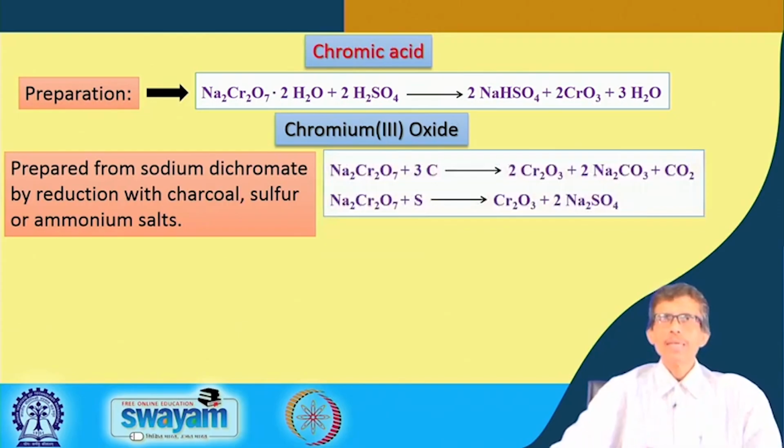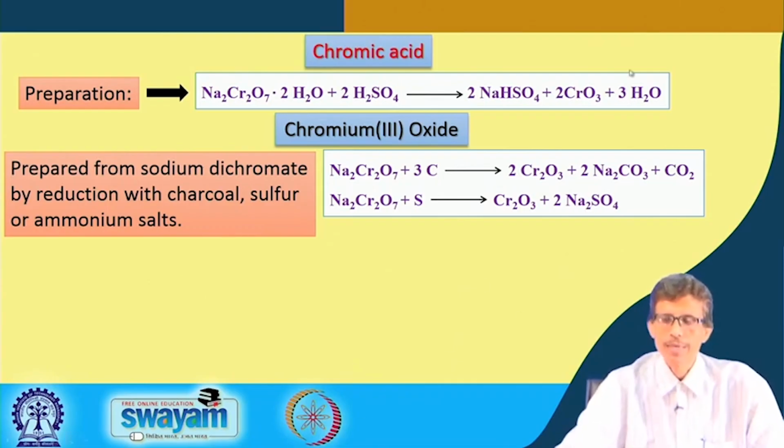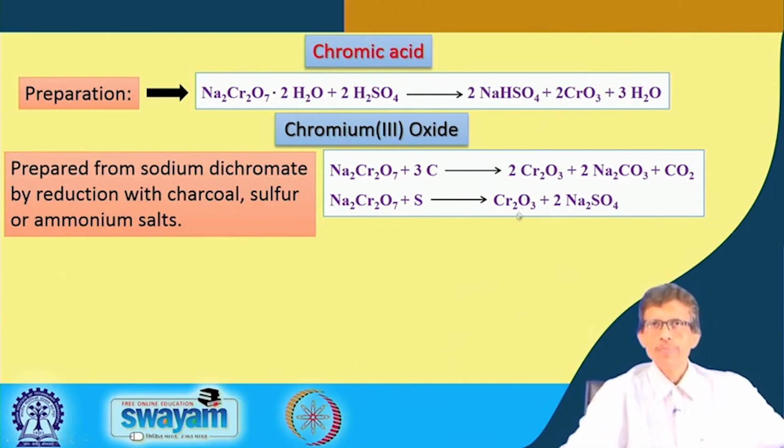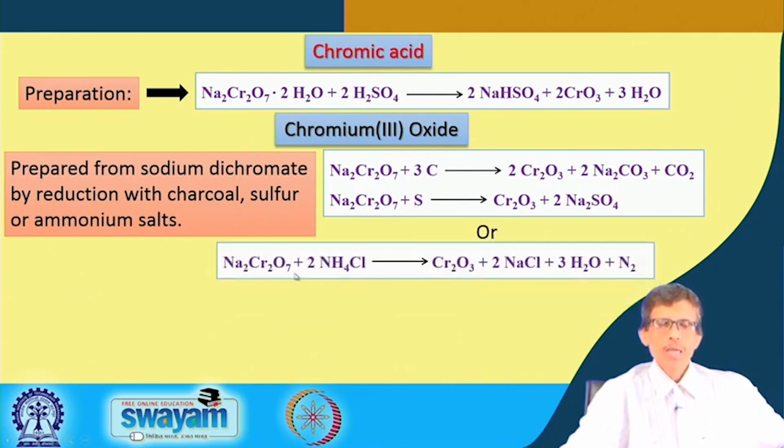So, you have the dichromate directly, and when the dichromate gives you chromic acid, it can also give you the chromium in the trivalent state, Cr2O3, either by the use of carbon reduction, or sulfur reduction, or ammonium chloride. Ammonia, we all know, is also a very good reducing agent.